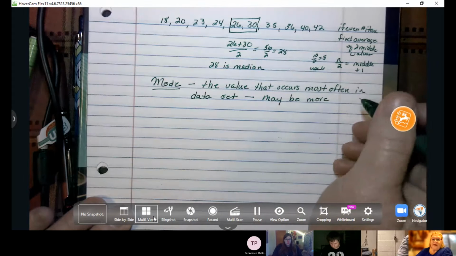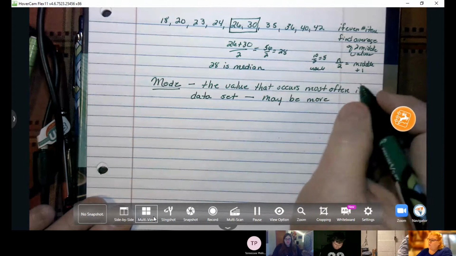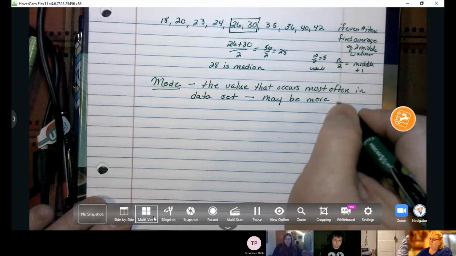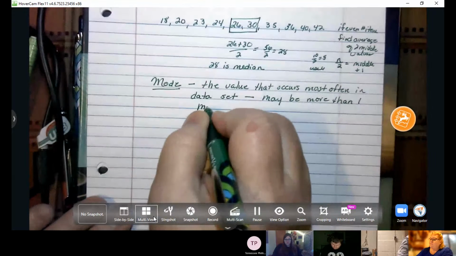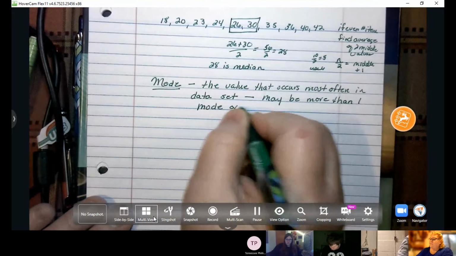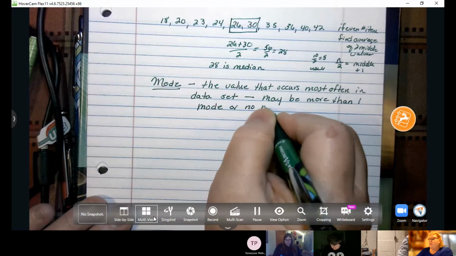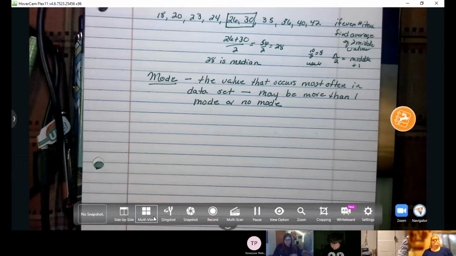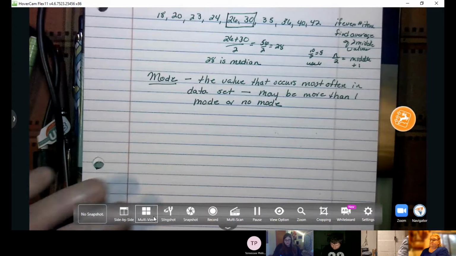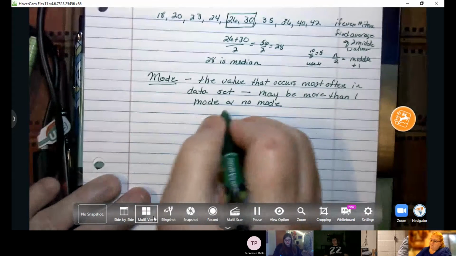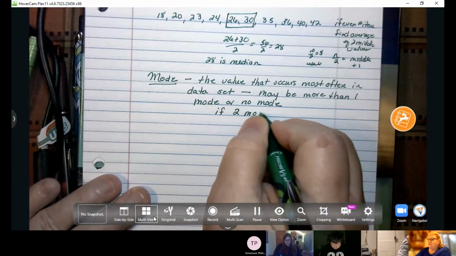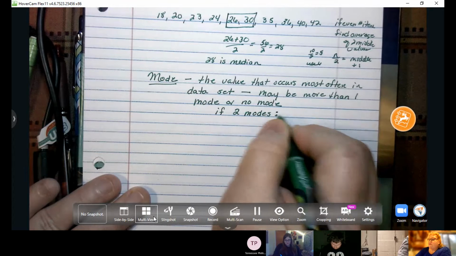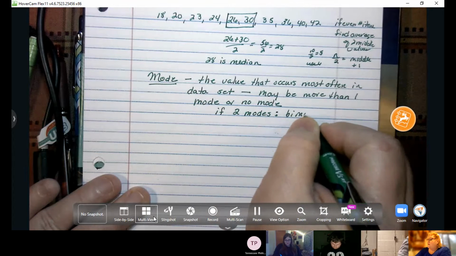The thing to remember about mode is there may be more than one mode. Or there may be no mode. If there are two modes, we use the term bimodal.